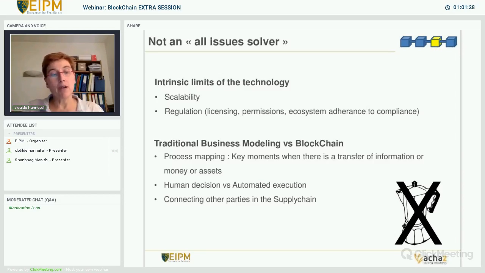An easy first check is that the processes that can be improved thanks to blockchain are processes where you've got a high volume of transactions, a high number of actors, and a lack of trust between the actors. That's really the moment where blockchain can be implemented, or where you can at least think about a blockchain.